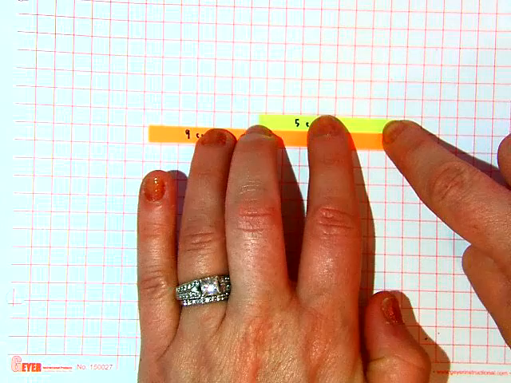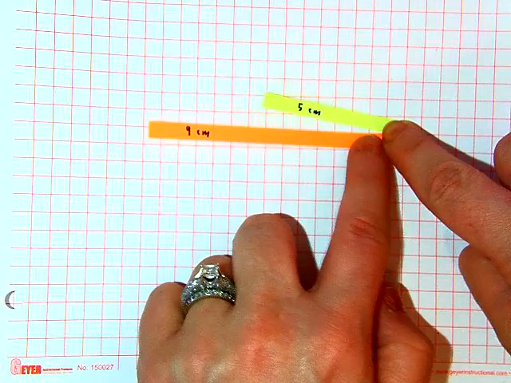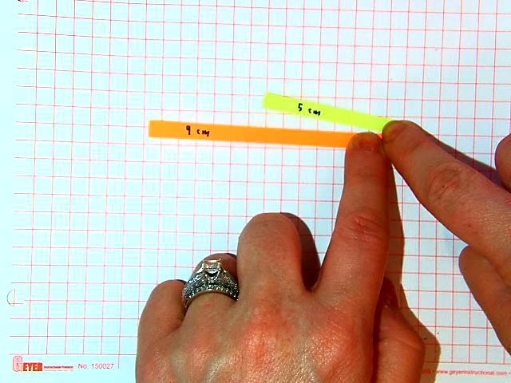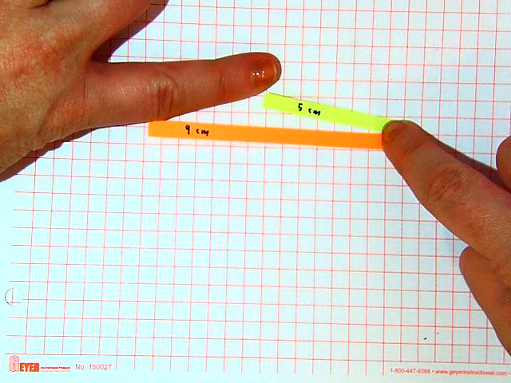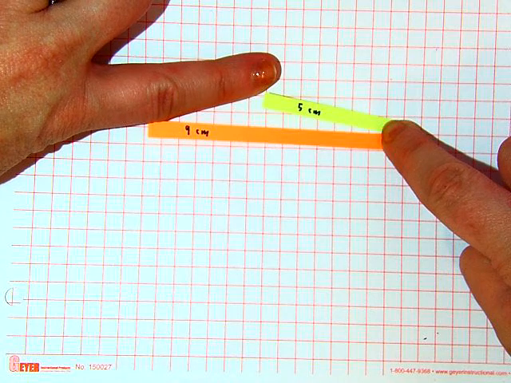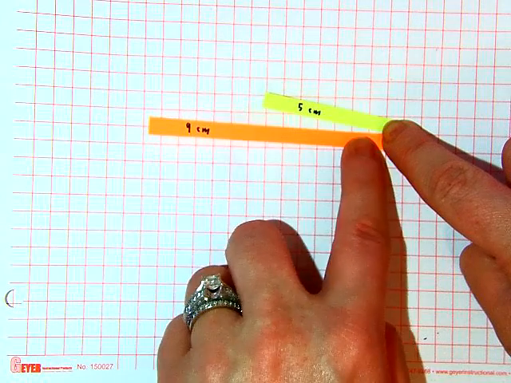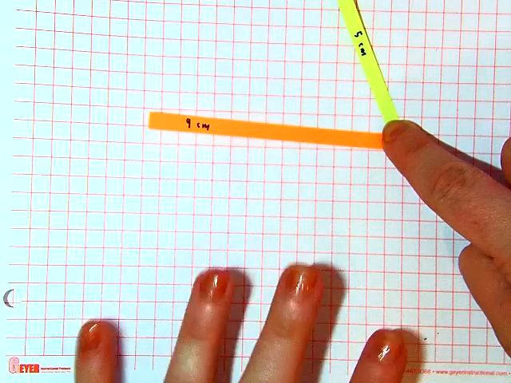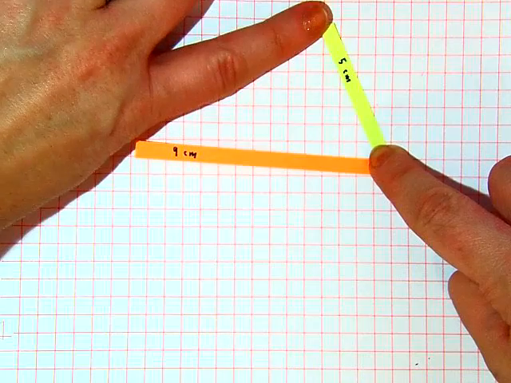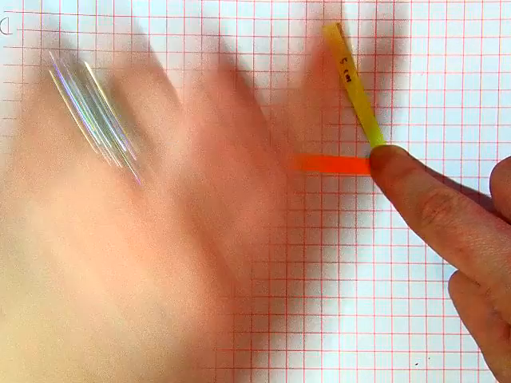But if I open this up a little bit, so the angle right here, a little bit more than 0 degrees, I can connect here and make a side. I can make a side that's just over 4 centimeters. This angle is getting bigger, bigger, bigger as I open, right? So here could be that third side again.